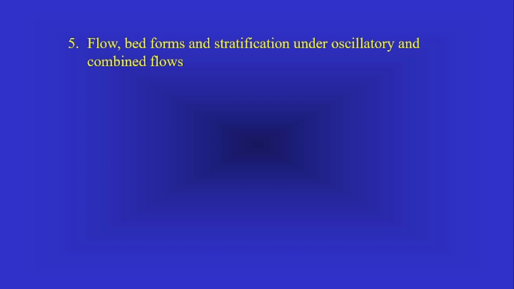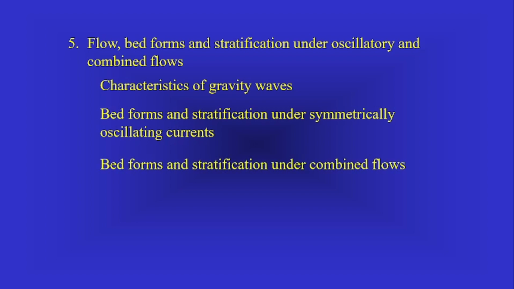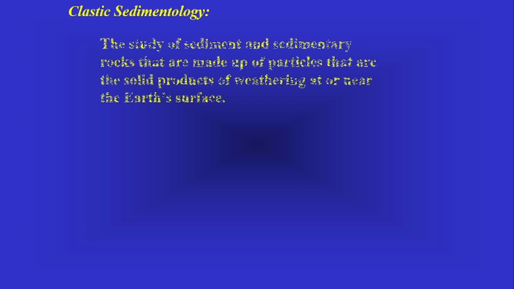We will discuss the characteristics of gravity waves, when sediment flowing in water or wind is affected by gravity; bed forms and stratification under symmetrically oscillating currents or symmetrical waveforms; bed forms and stratification under combined flows; and then the enigma of hummocky cross stratification.